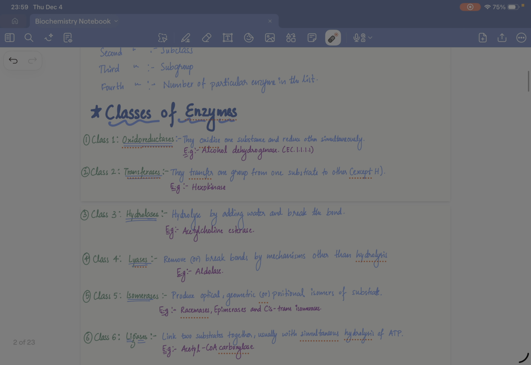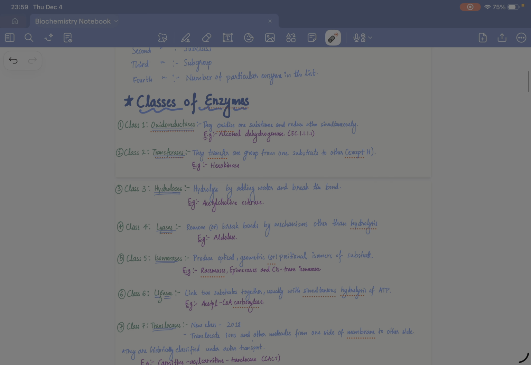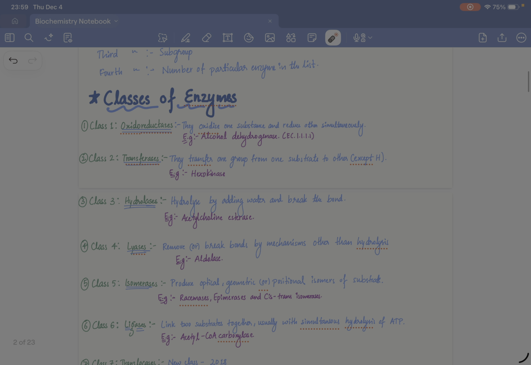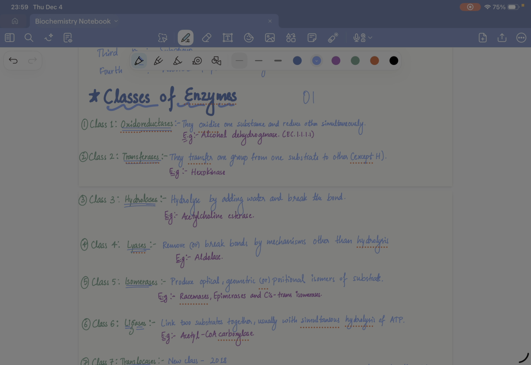Next, coming down to the classes of enzymes. It is very important to remember them in order, because class 1 is oxidoreductases. You cannot put transferases here. Okay, and there's a mnemonic which you can remember if you want.